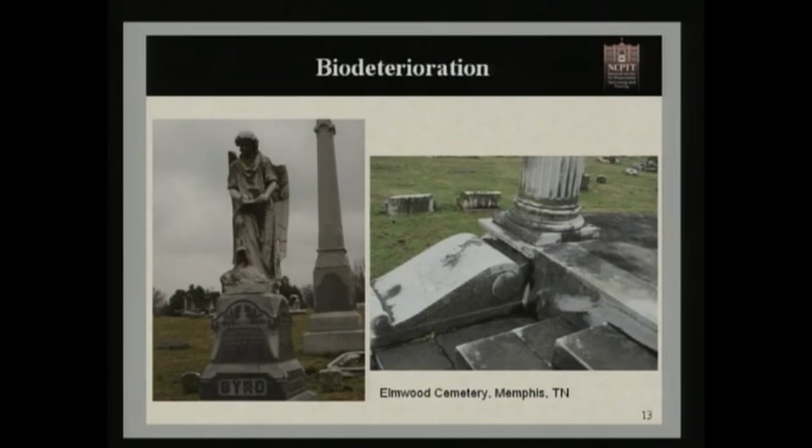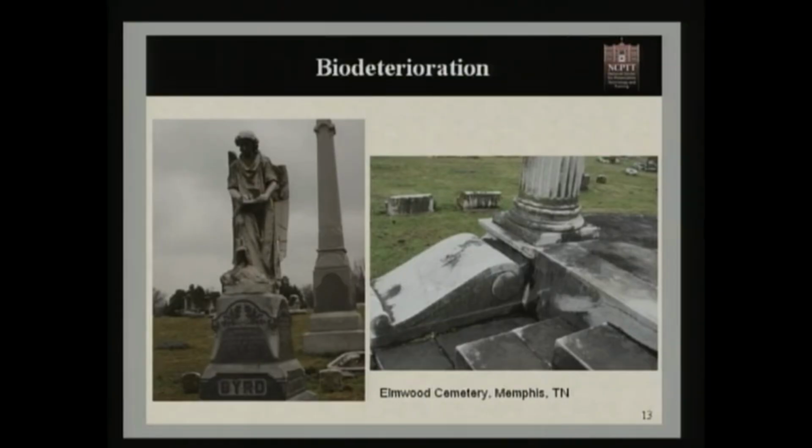And what we see in Elmwood Cemetery in Memphis, Tennessee, is the surfaces are covered with black biogrowth, which can probably be molds or fungi that we're seeing here. Sometimes you'll get black algae or blue-green algae that will look black. The result is that those microorganisms will actually feed on or send their waste products onto the stone, and that causes deterioration of the stone.